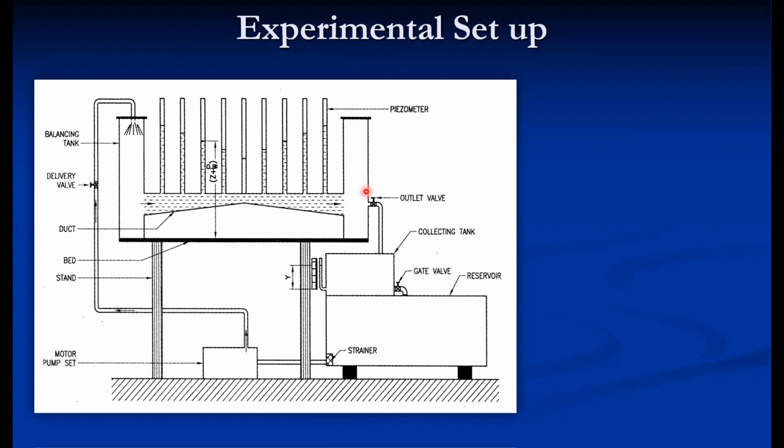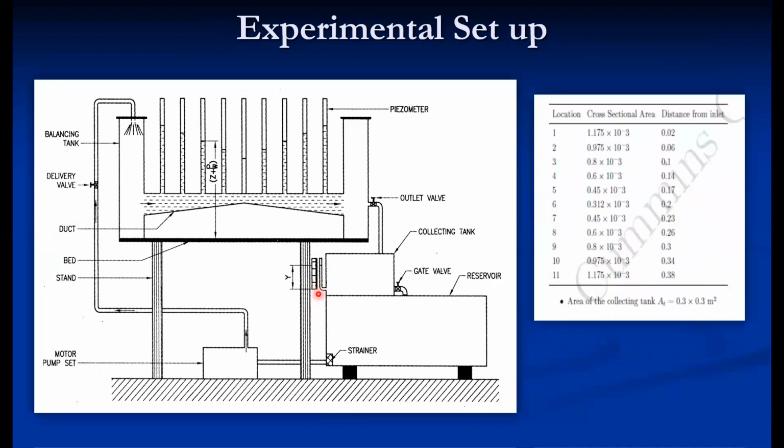In order to measure the velocity head, the water is collected in a collecting tank. There we measure the time required to raise the level of water in the tank by 10 centimeters. These are the measurements taken. The cross-sectional areas are given for the 11 sections we have considered.